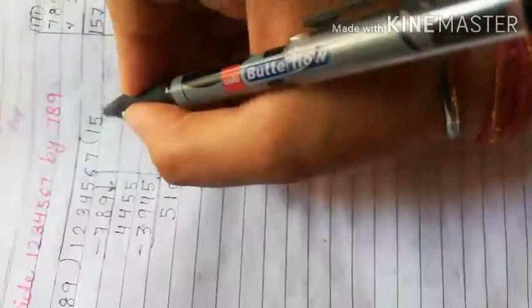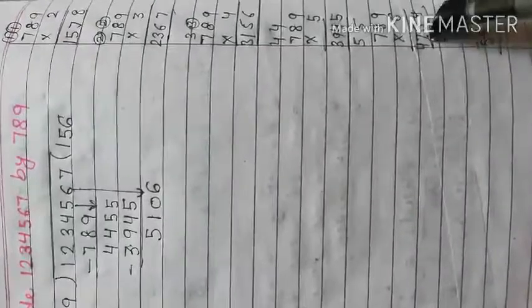Right, now as this is greater than 5106, we will go for 6. So we will write 6, and it is 4734.